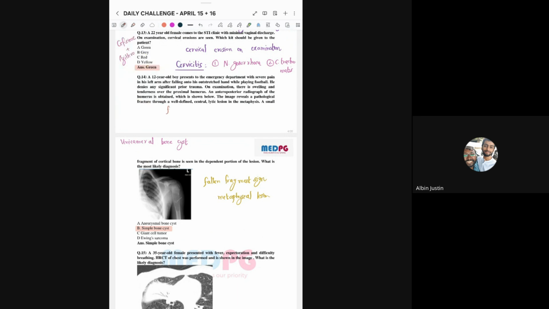There will be a fluid filled cavity seen in children and adolescents, mostly in the metaphysis of long bones. And that too, proximal humerus is the most common.